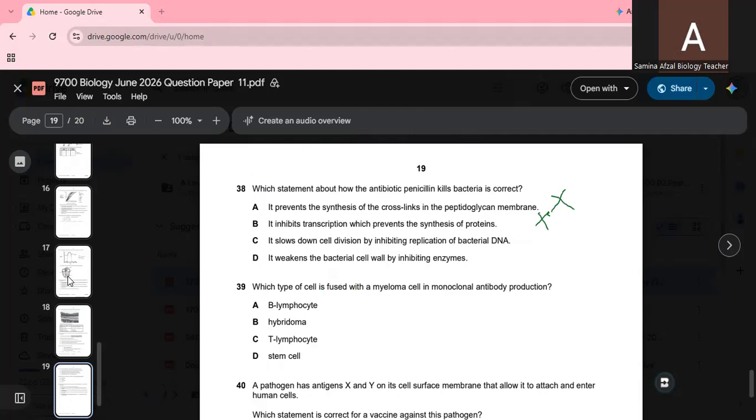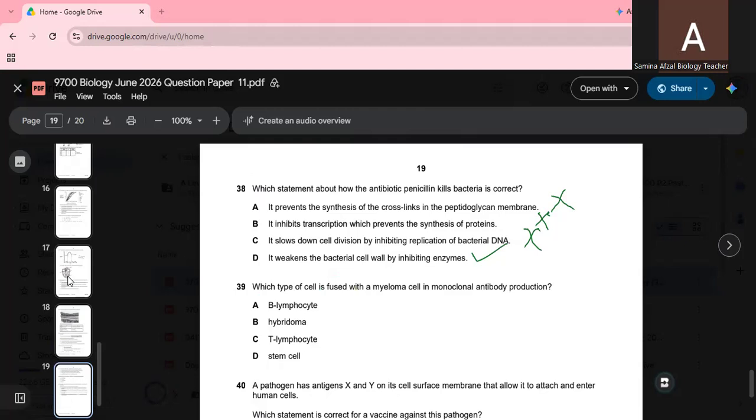It slows down cell division by inhibiting replication of bacterial DNA. Again, no. It weakens the bacterial cell wall by inhibiting enzymes. Yes, because penicillin acts as an enzyme inhibitor, specifically inhibiting transpeptidase, glycopeptide peptidase, so preventing the formation of cross links between peptidoglycan chains.